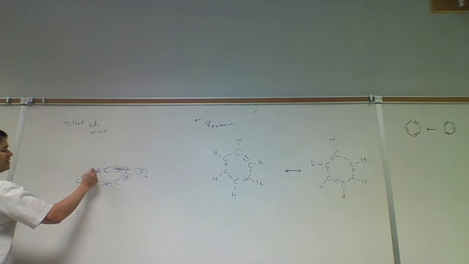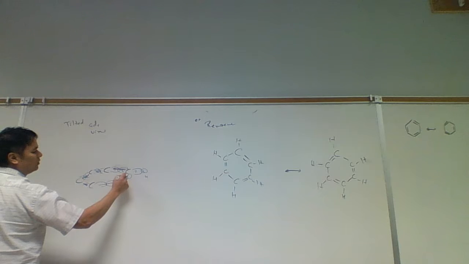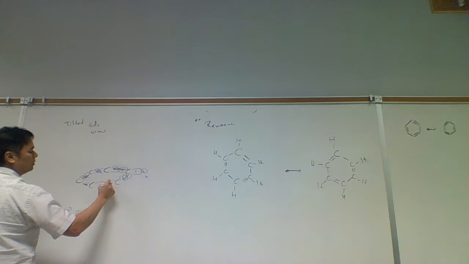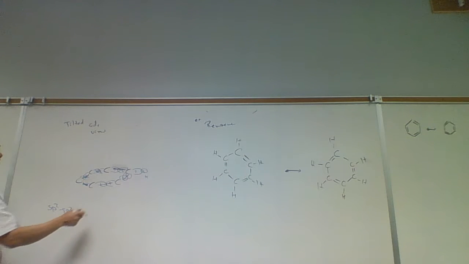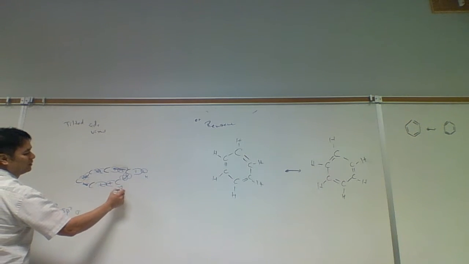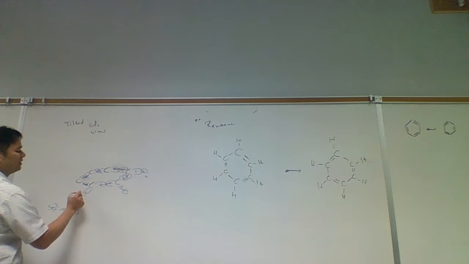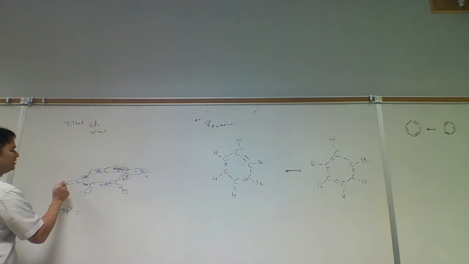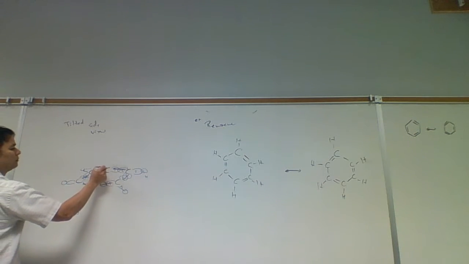And of course, there are going to be electrons in here. And then all these are getting bonded to the hydrogens here. I'm not going to do it full 3D because it's tough to draw.